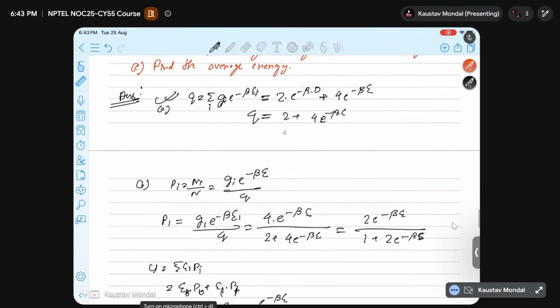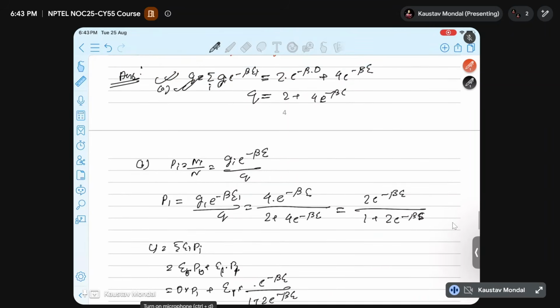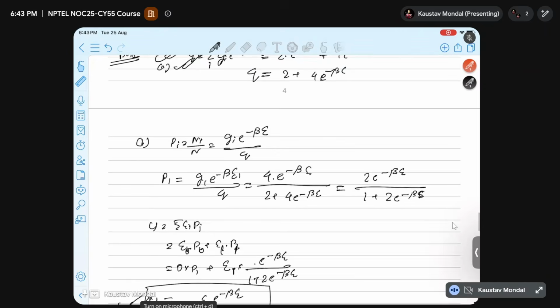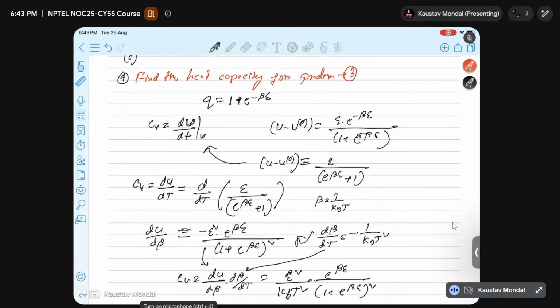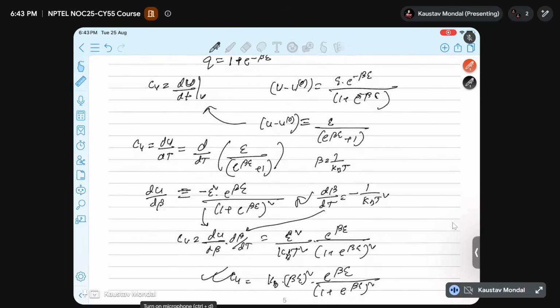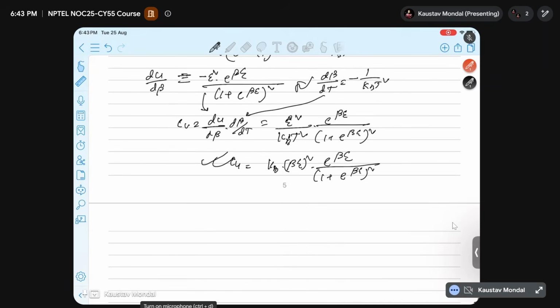The general formula is: for each energy state and the degeneracy associated with it, just add them and you get the partition function. Then you can calculate the probability, the internal energy, and from the internal energy you can calculate CV. The entropy also you can calculate using the expressions of all of these quantities.